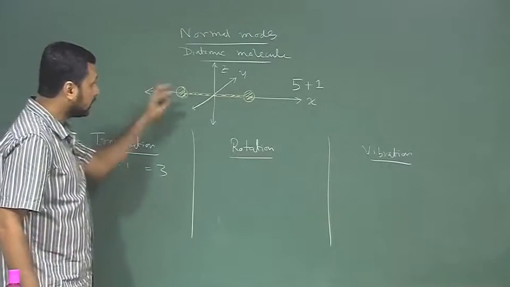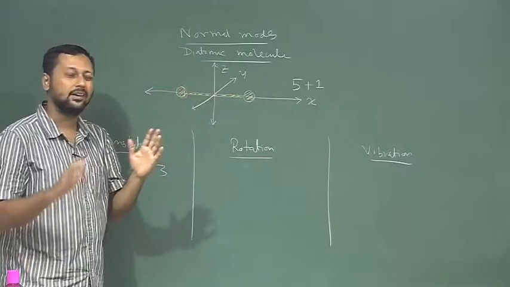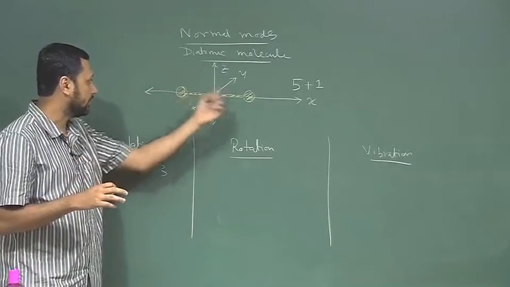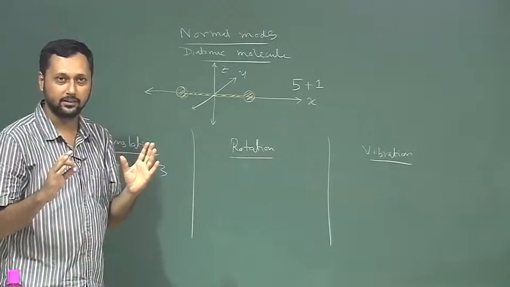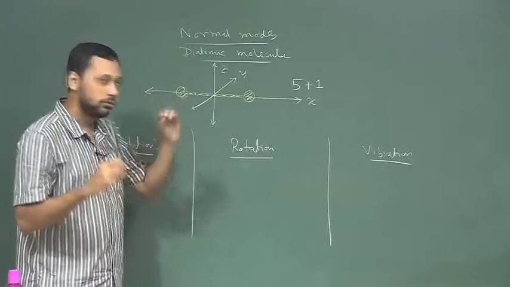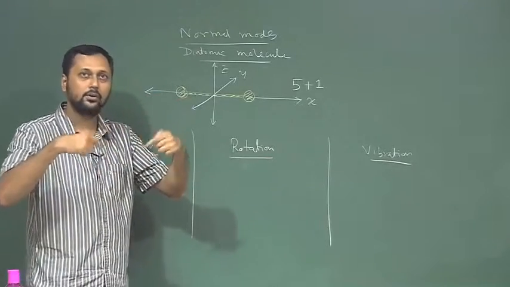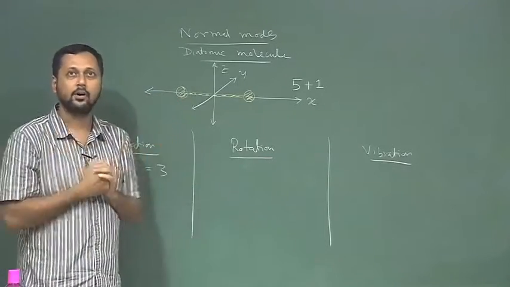Rotation, it cannot rotate around x because, although I have drawn it like this, it is essentially a one dimensional system. It is so tiny that rotation around its own axis will not be counted.